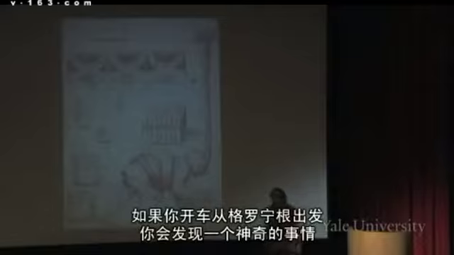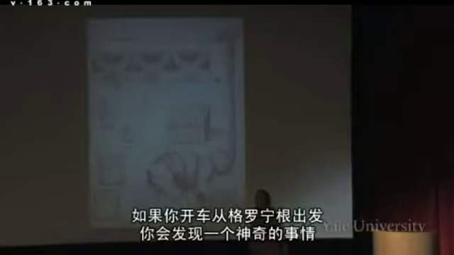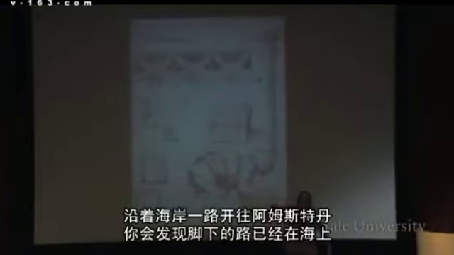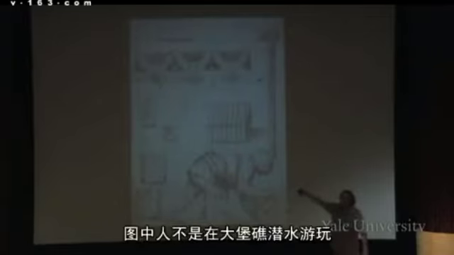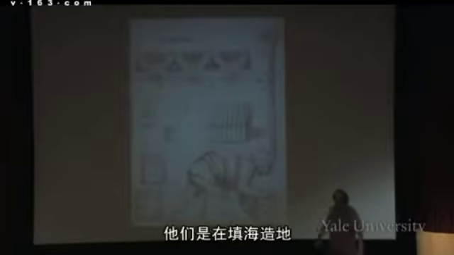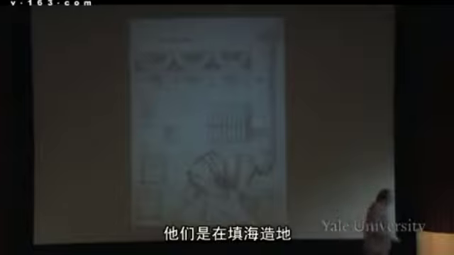One of the incredible things, if you're driving, say, from Groningen and you're going to go all the way down to Amsterdam, when you drive along the coast, you're driving along this sort of road that's out in the sea, and all the land between the water on the left side of you and a long way has been reclaimed from the sea. So this is in the 17th century. I mean, this isn't sort of scuba diving now off the Great Barrier Reef or something like that. I mean, so what they're doing is they're reclaiming the land from the sea.